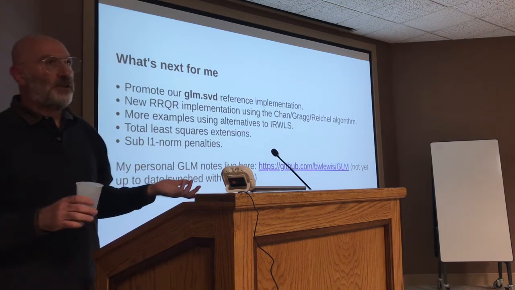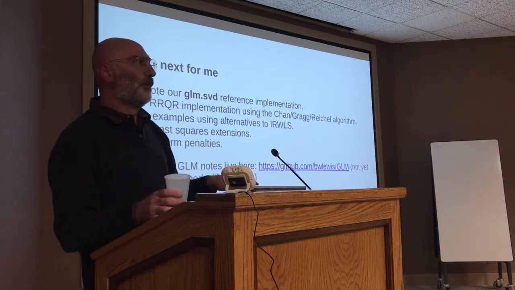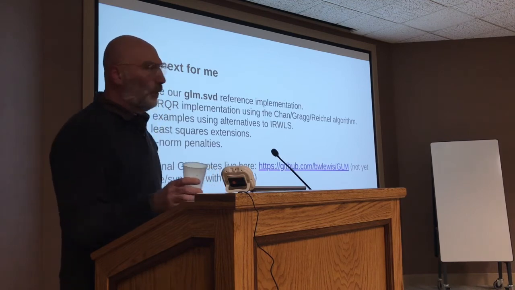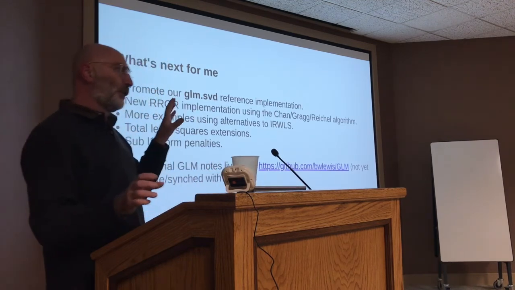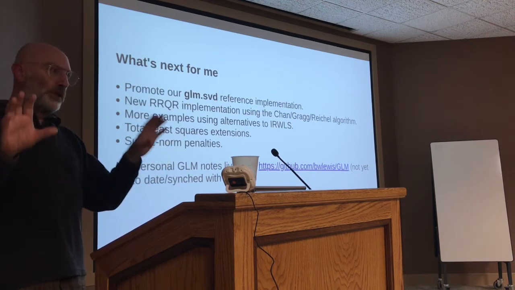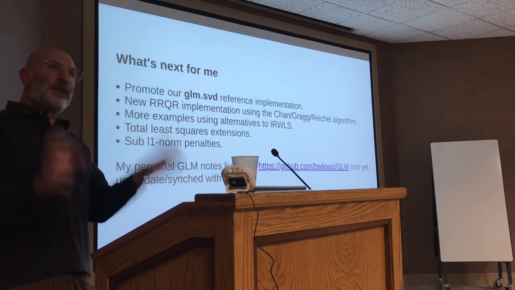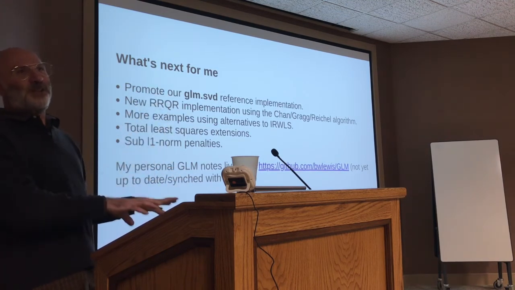There are no R implementations I'm aware of that treat error in variables. The statisticians call that error in variables. The mathematicians call it total least squares. It's basically where you assume you've got error both in your model matrix and in your data. And it turns out that there are robust and good systematic approaches for dealing with that for linear models, but I've never seen them applied to generalized linear models yet.